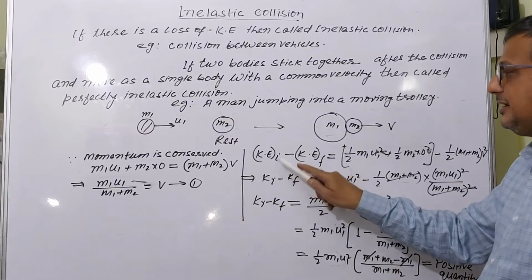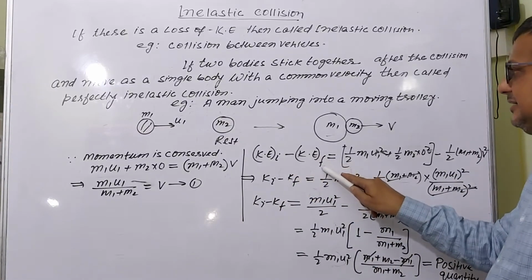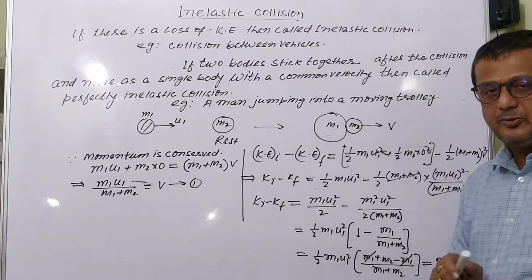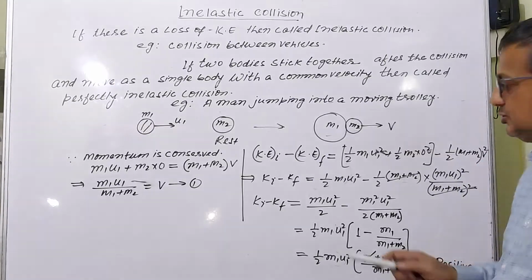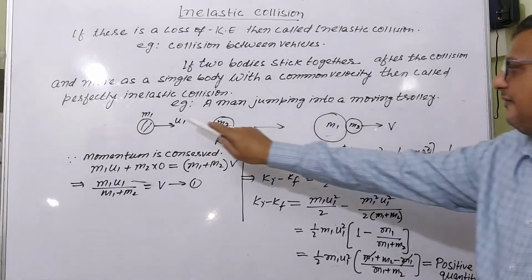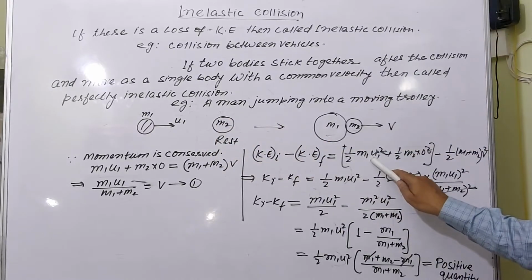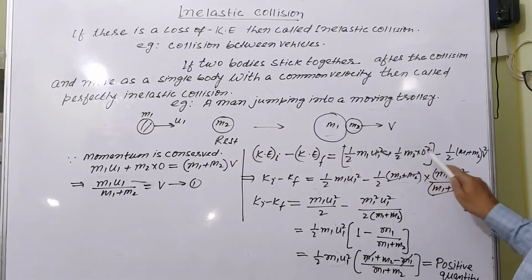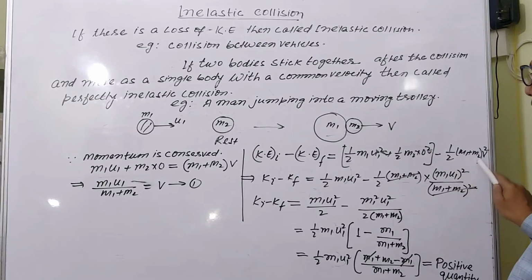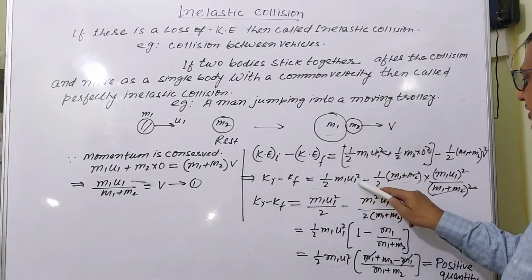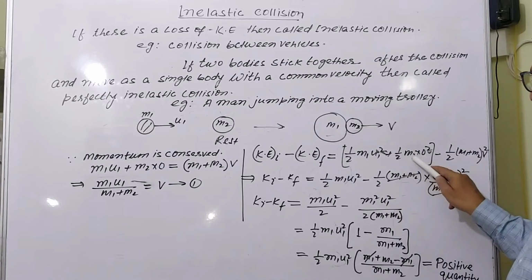Now we take kinetic energy initial minus kinetic energy final. We want to prove that there is a loss of energy. Kinetic energy initial is half m1 u1 square plus half m2 times 0 square, minus half m1 plus m2 times v square. The m2 term is 0.